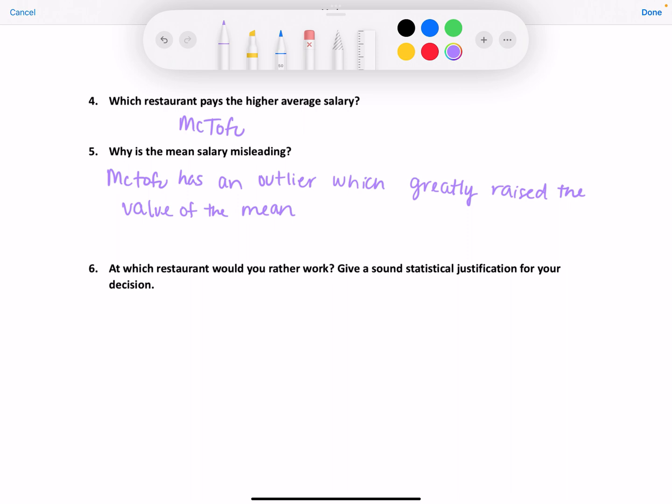Josh? My opinion is neither. I would not work at either of these places. It's not the question. I get the question. Oh, I thought you didn't. Which one would you rather work at? I'm gonna give my sound statistical evidence once everyone's given their opinion. Moose Burger. Why?